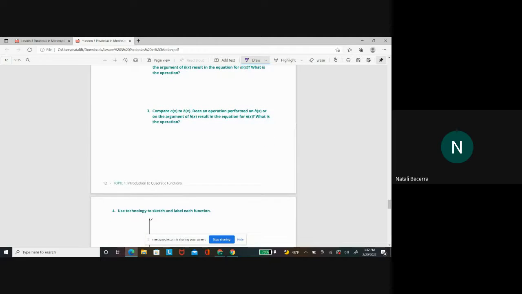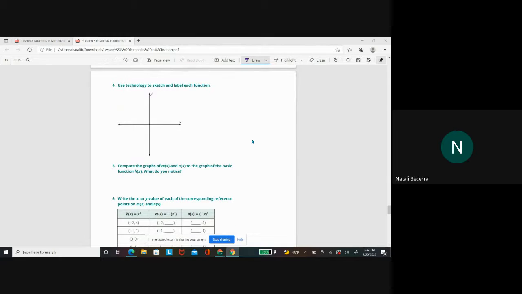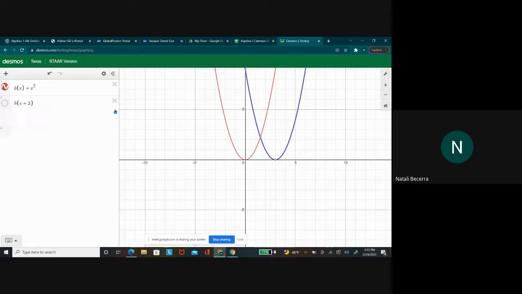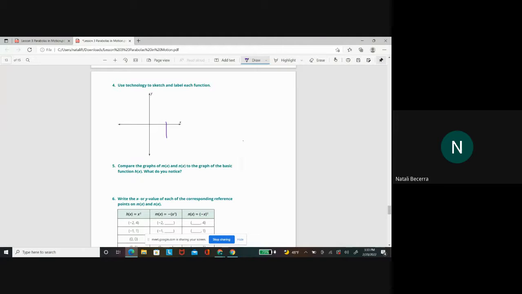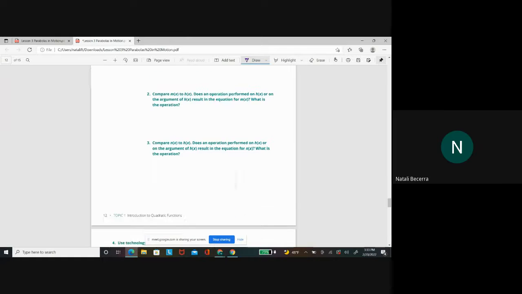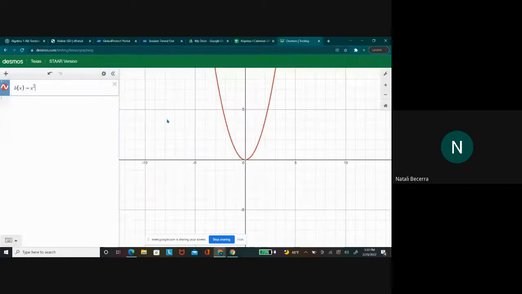All right, moving on to this one, I believe. Let me double check. Okay, number 4. It says use technology to sketch and label each function. Use Desmos to sketch graphs. So we had our original, as always. I'm gonna scroll up a little bit to look at these.